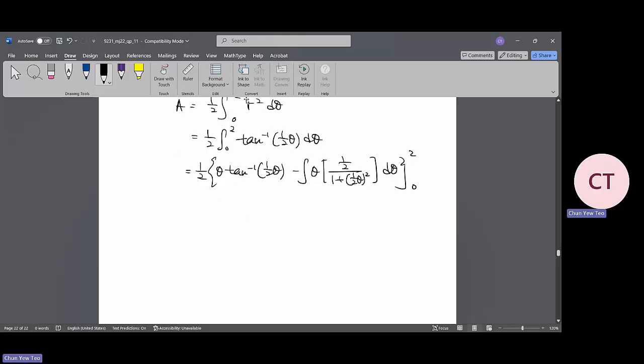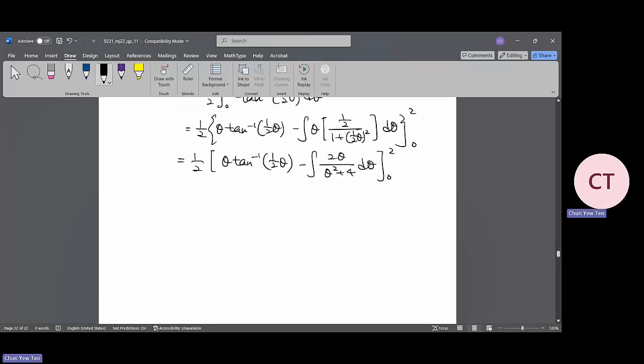Okay. Then there's no rush for me to settle this. So I still remain it in terms of theta. Over here, simplify it. You will get 2 theta over theta square plus 4 d theta from 0 to 2. So from here now, we know that we can use the formula f prime over f to integrate. So right here, I will integrate it directly.